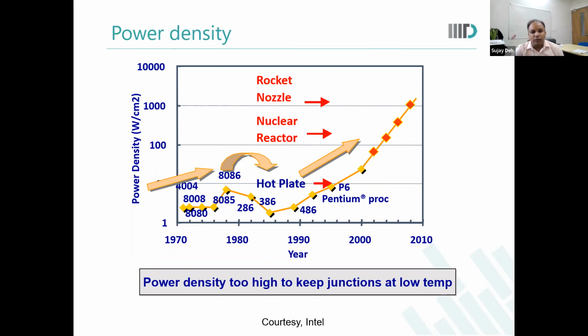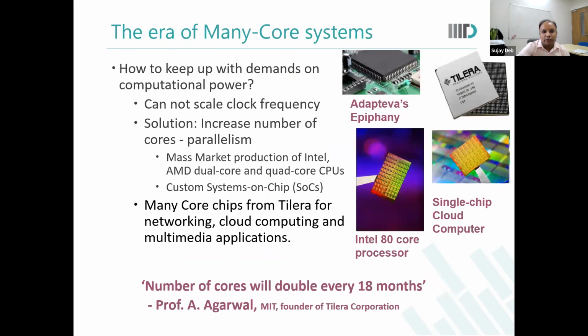Intel highlighted this power wall problem in early 2000, and that's when the researchers got together and the concept of multi-core came in.